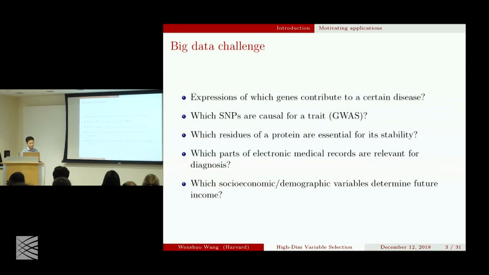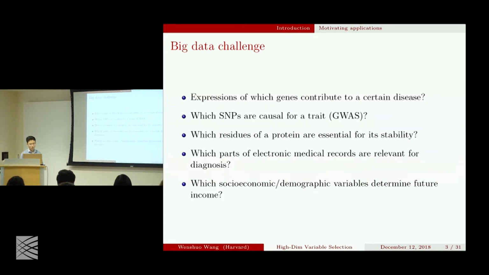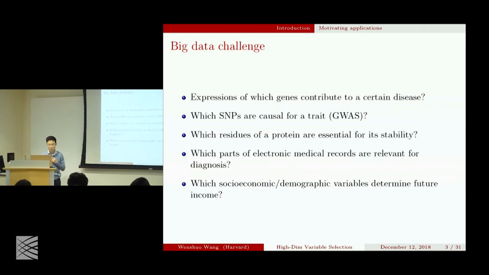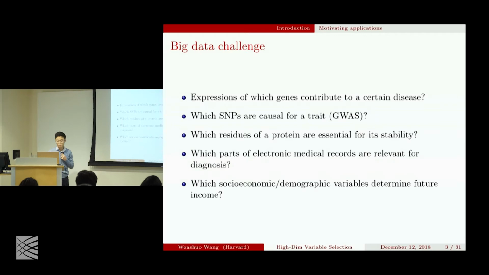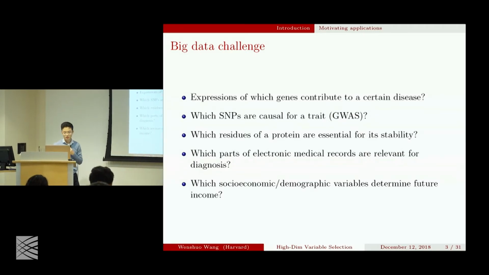Okay, so nowadays, we get a lot of questions in science that involve big data. So for example, if you are a biologist, you care about the expressions of which genes contribute to a certain disease. Or if you do GWAS, you're going to ask the question which SNPs are causal for a certain trait.